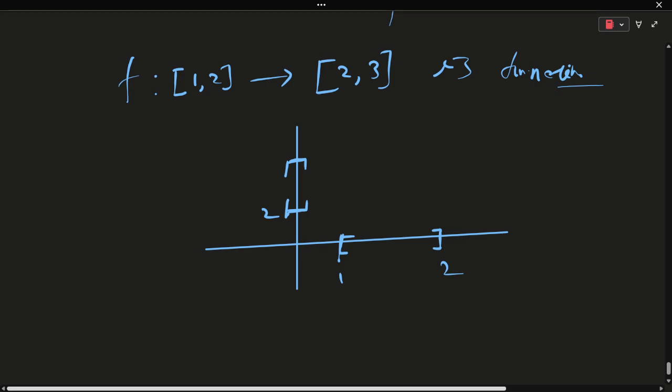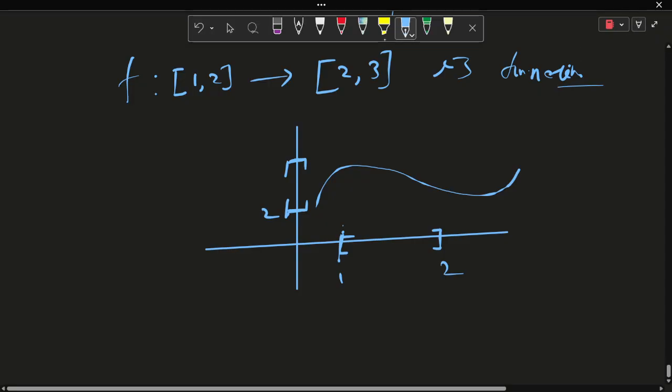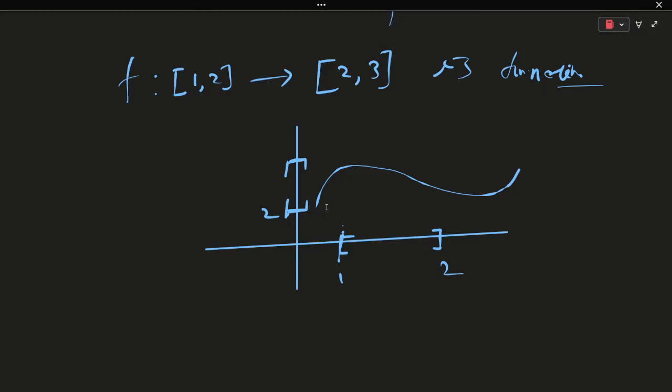This is a curve, right? But here we notice that the domain is bounded by this and this.